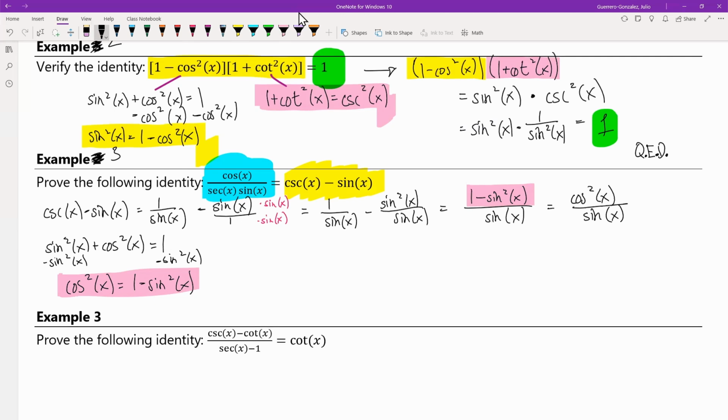Now, if you guys recall, this is something that we can do with fractions. Cosine squared is cosine of x times cosine of x over sine of x. There's nothing wrong with that.